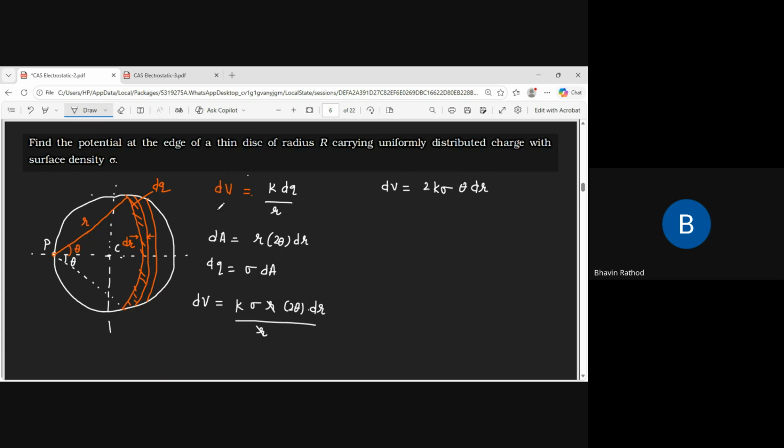Now you can see that when we change the ring portion, both small r and theta are going to change. So we need to come up with a way to relate these two. The way to do that is something like this.